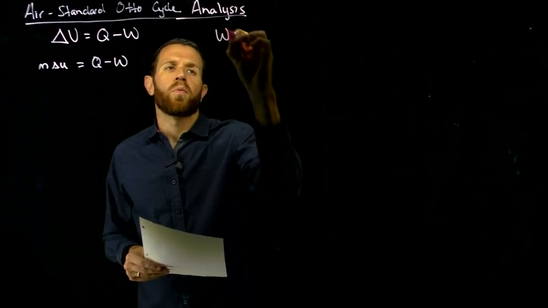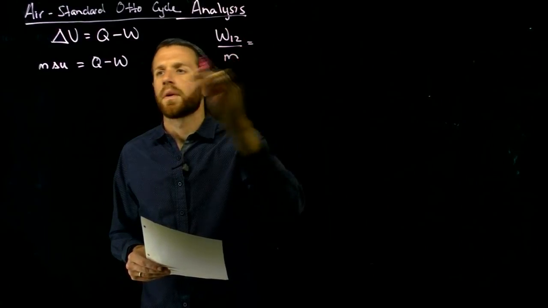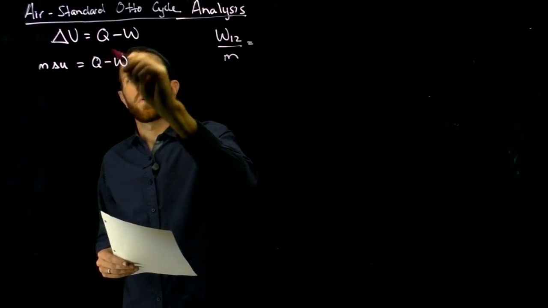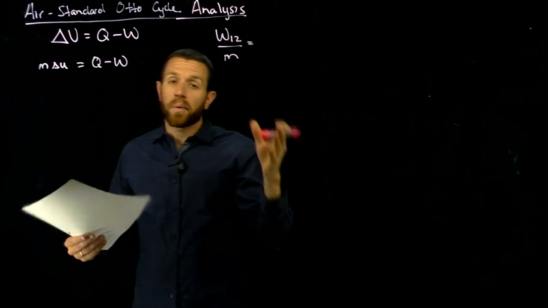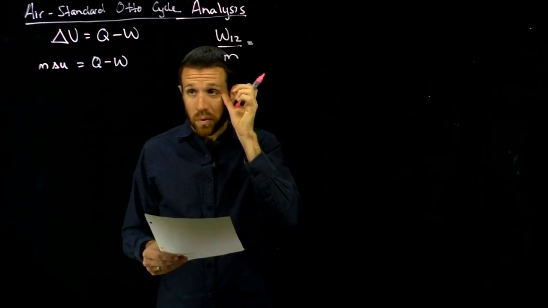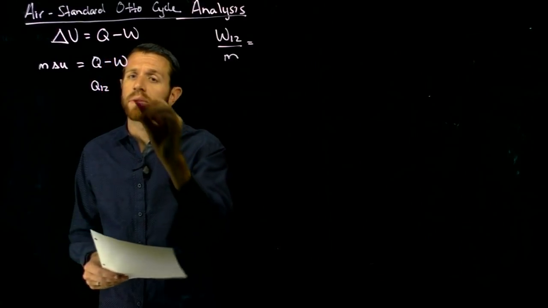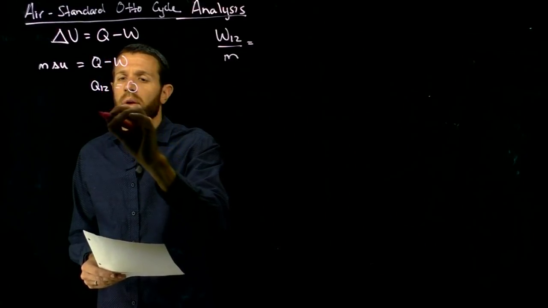So the work from 1 to 2, remember, is isentropic compression, no heat transfer. So Q12, the way that we've labeled the processes in our cycle, is 0.